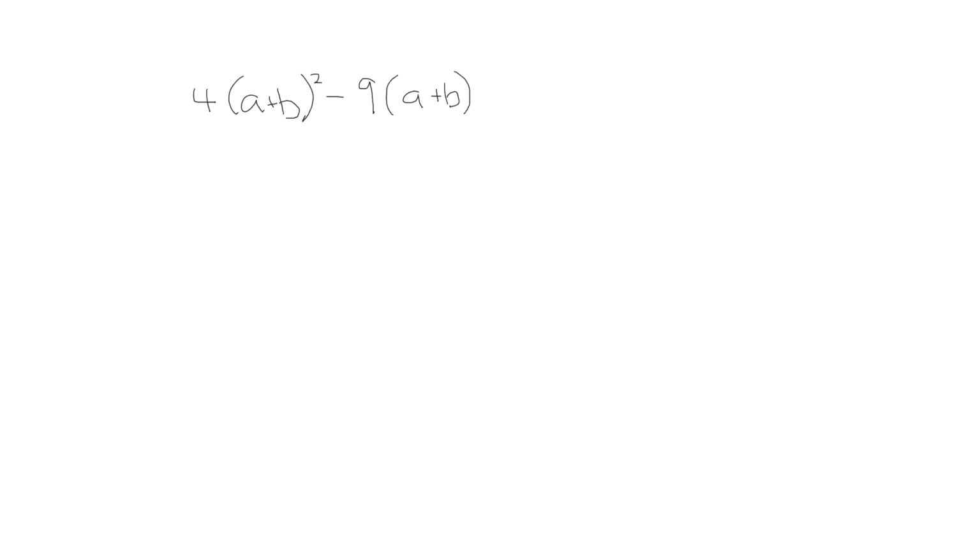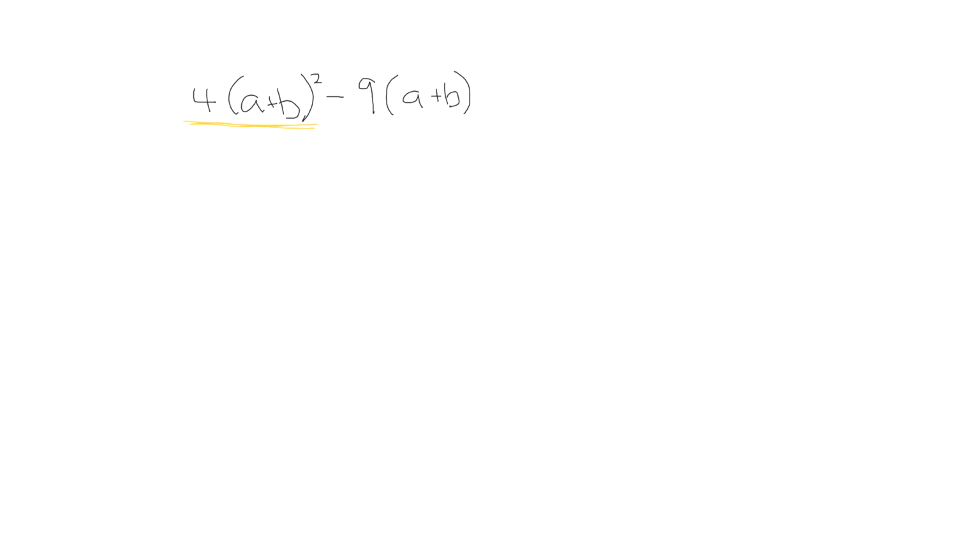Okay, 4 times a plus b, that quantity squared, minus 9 times a plus b. This is still a binomial because it's 2 terms. This is all 1 term. And this is the other term.